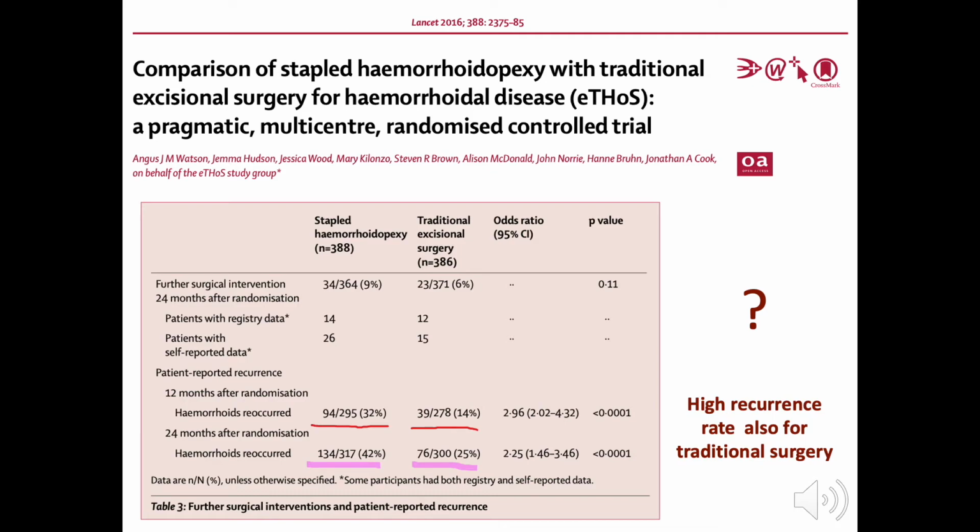But after 2 years, hemorrhoids recurred in 42% in the stapled group and 25% in the traditional excisional surgery. So maybe a high recurrence rate also for traditional surgery, not present in clinical practice. This is due probably to the type of evaluation with a self-score that has a bias in the interpretation.